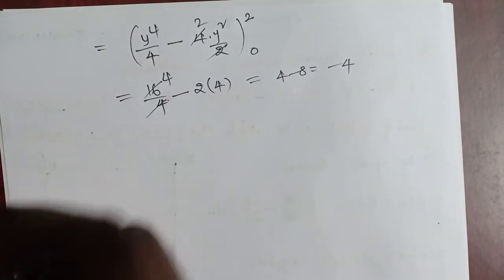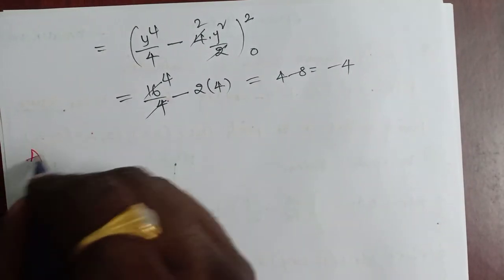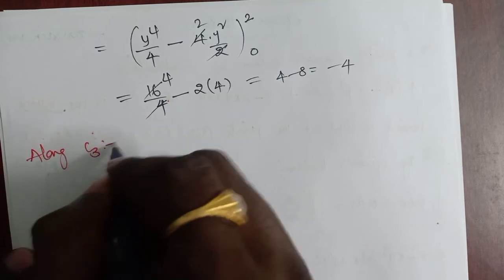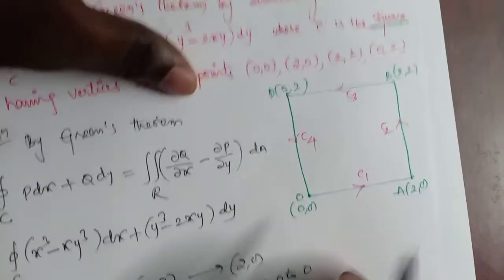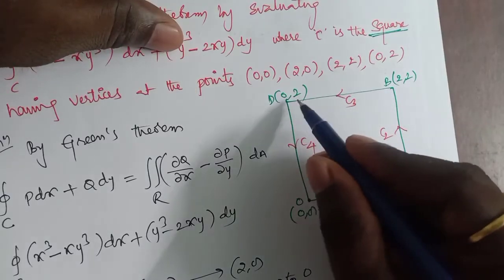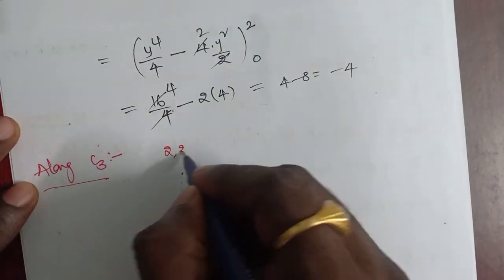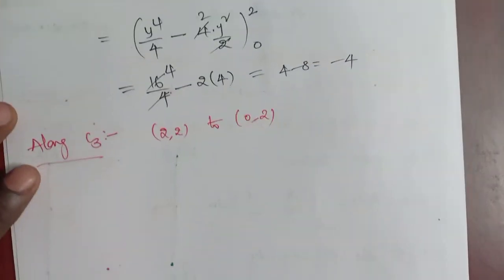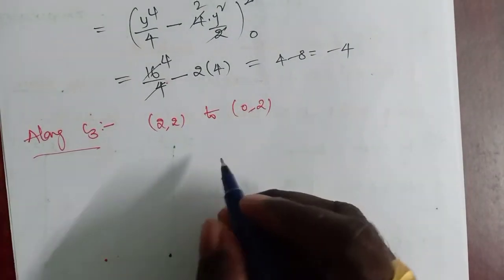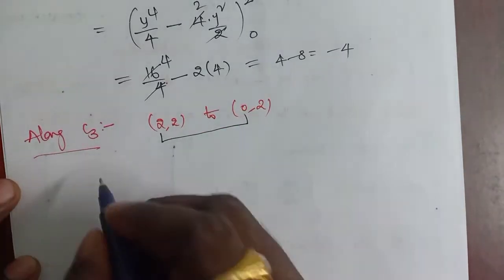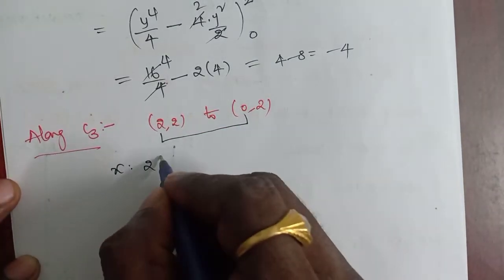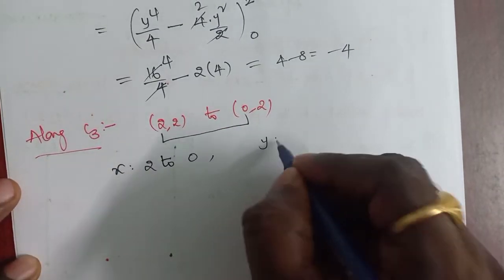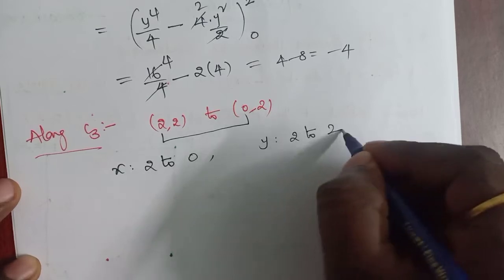Now along C3, what are the variations we have to observe? From 2 comma 2 to 0 comma 2. So x ranges from 2 to 0 and y ranges from 2 to 2.